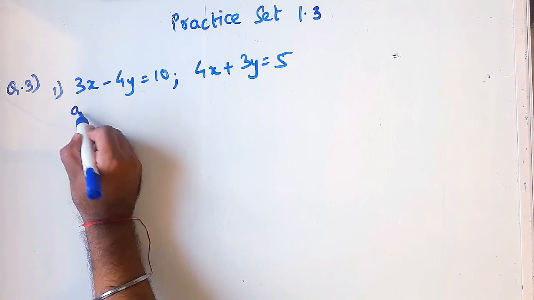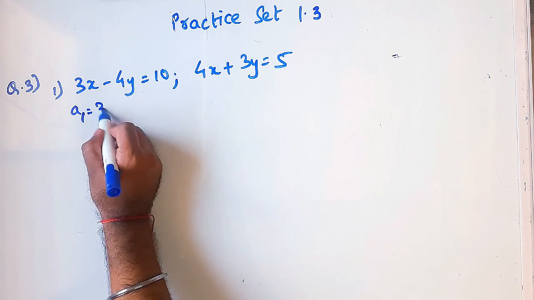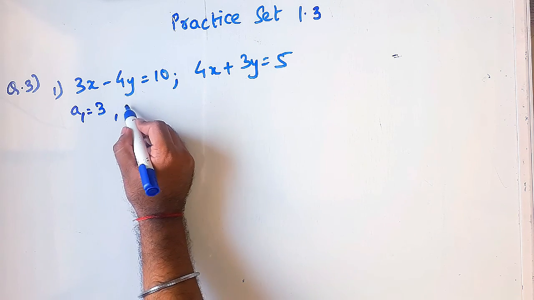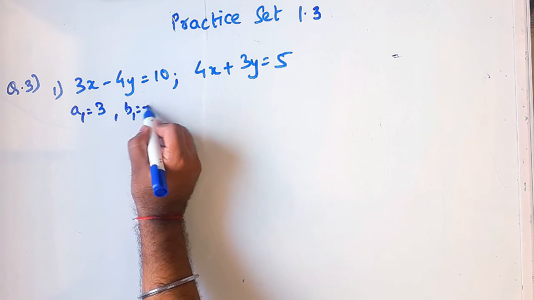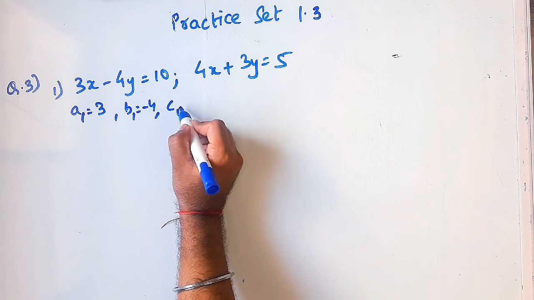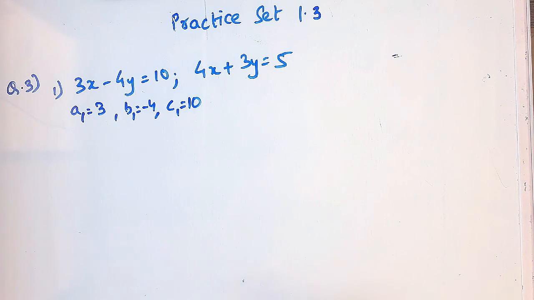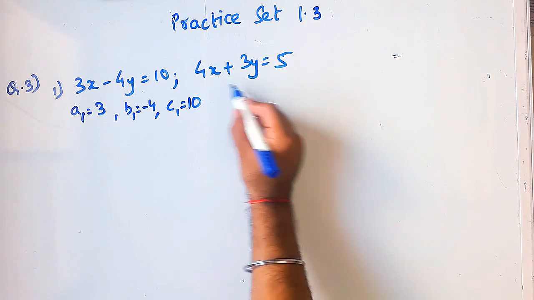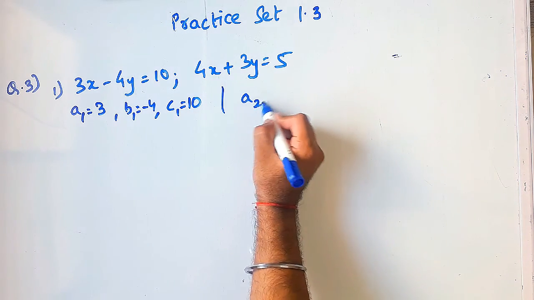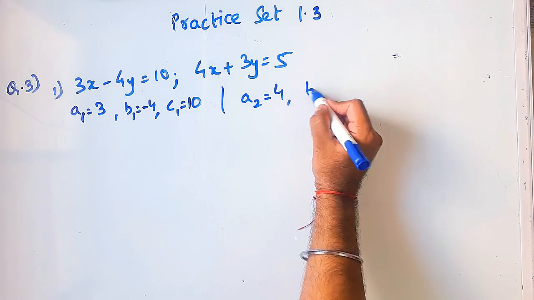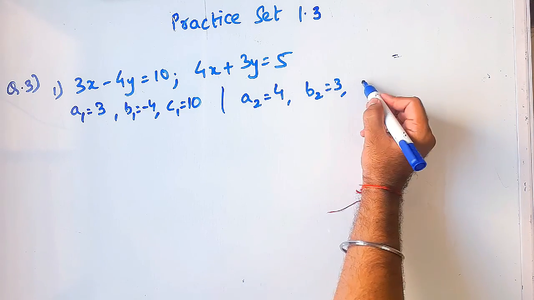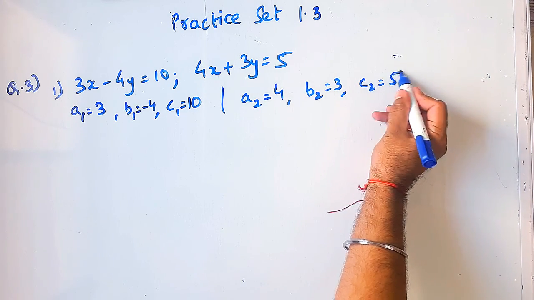So this becomes your A1. A1 is 3, B1 is minus 4 and C1 is 10. A2 is 4, B2 is 3 and C2 is 5.